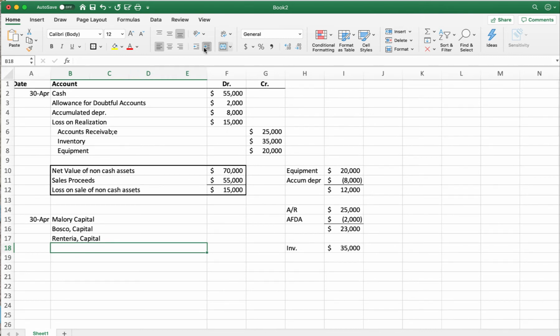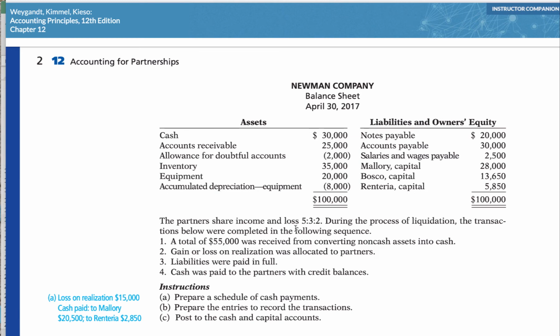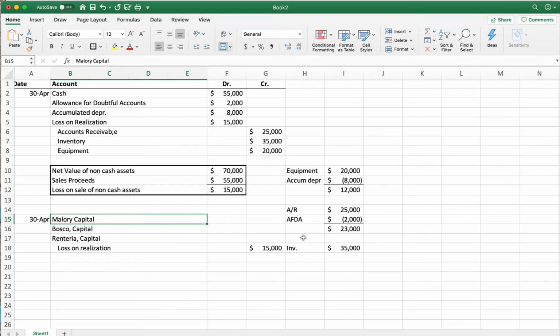So I then need to credit loss on realization. Okay. So if that account, loss on realization, has a debit balance of $15,000, to close it out, I need a credit balance or a credit entry of $15,000. Okay. So now we got to figure out, how are they sharing this, right? Well, they tell us it's a 5-to-3-to-2 ratio, right?